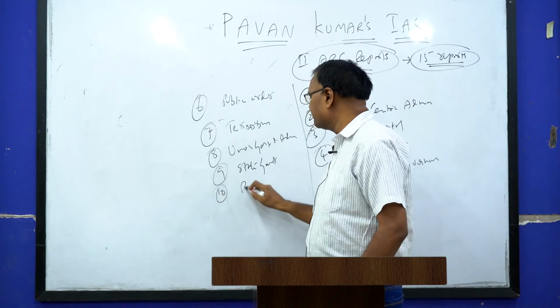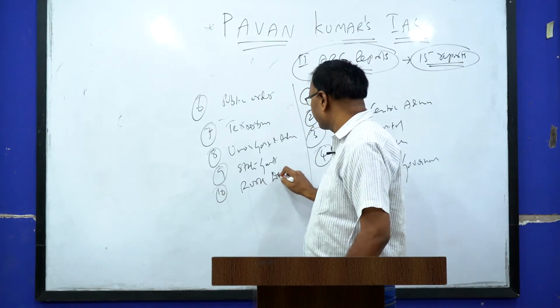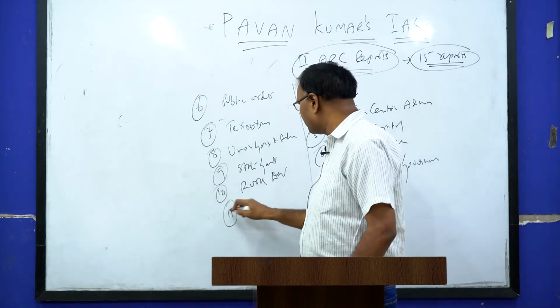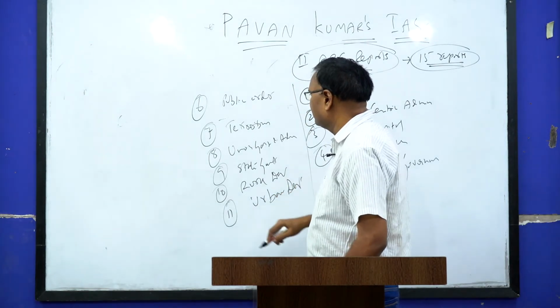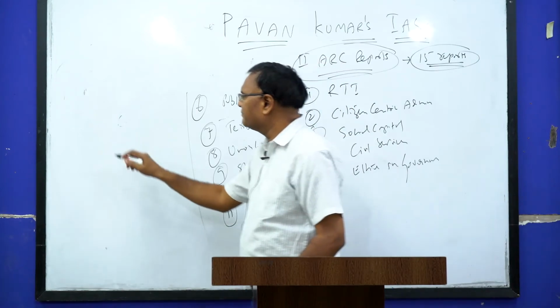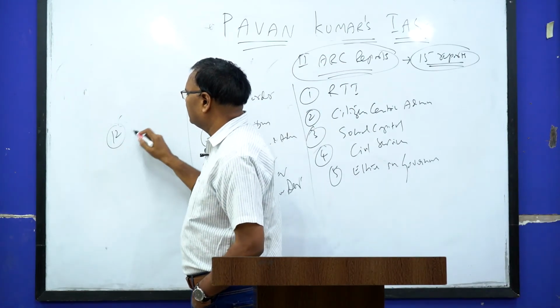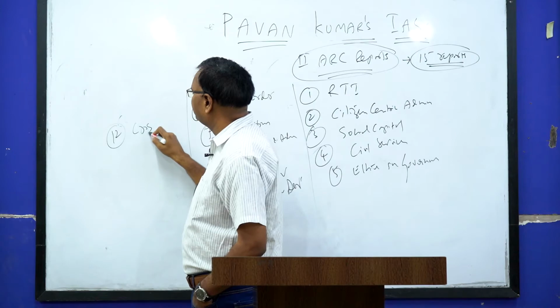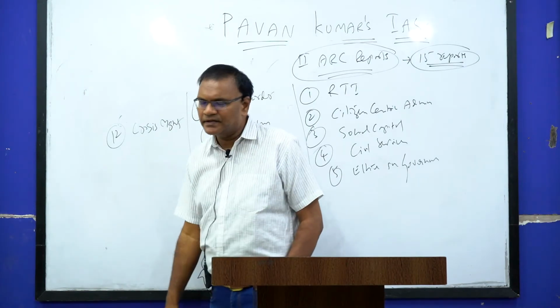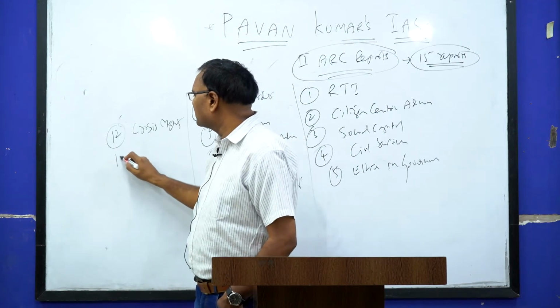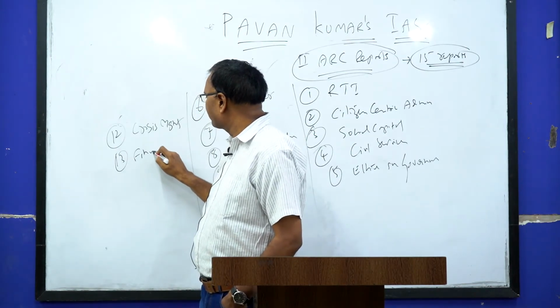You have another report on rural development. You have one more report on urban development. Then you have another report on what is called crisis management or disaster management. You have another report on financial management.